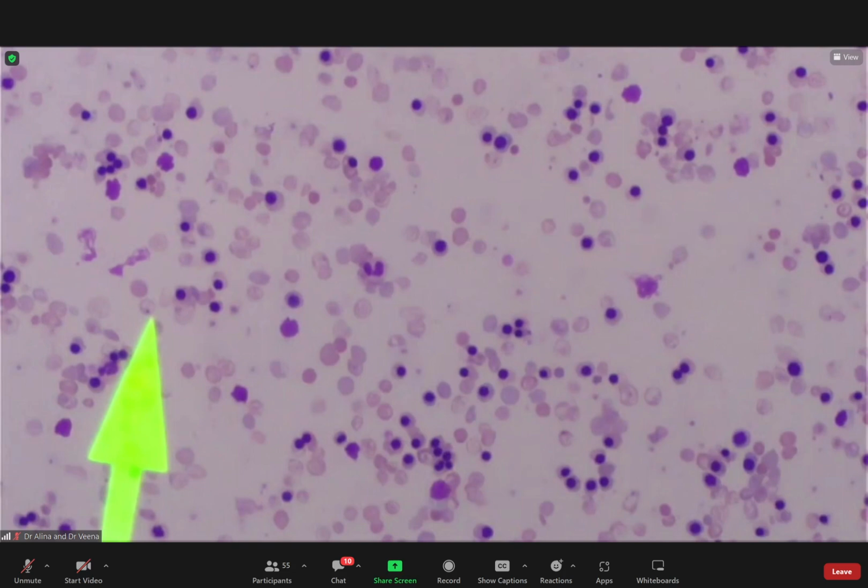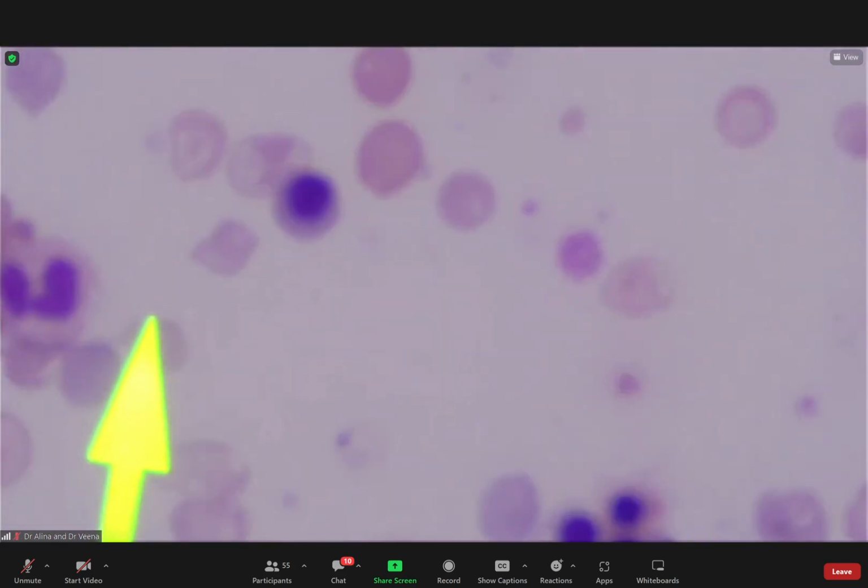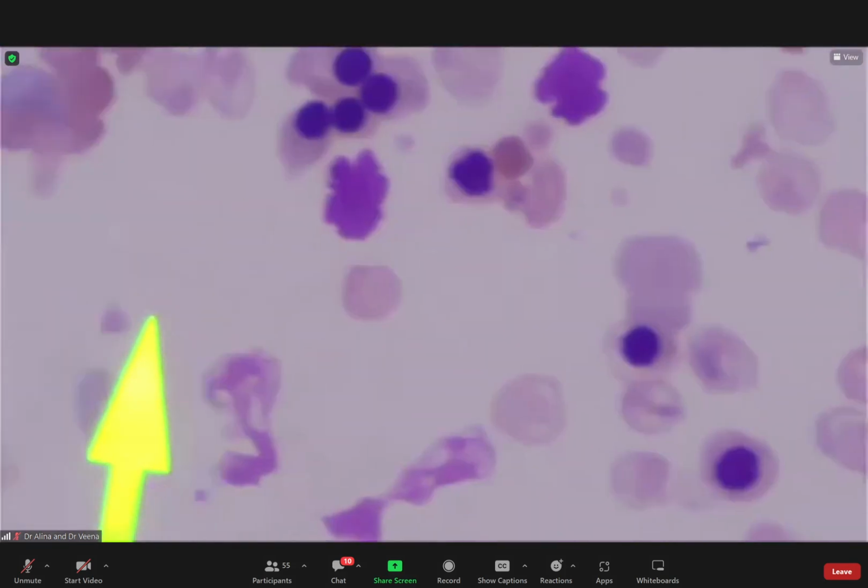But the scenario here is that this 19-year-old patient has underlying beta thalassemia and he has worsening anemia. His baseline HB is probably 6, 7, probably transfused regularly, but he's come back with a HB of 4. So something else is going on, right? In the background, you also see a dimorphic picture.